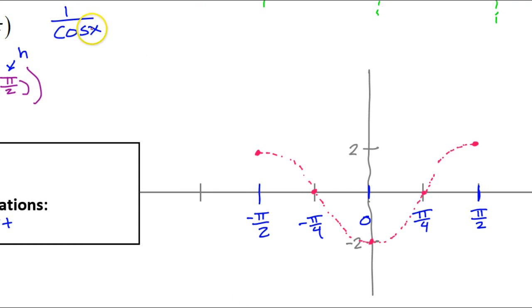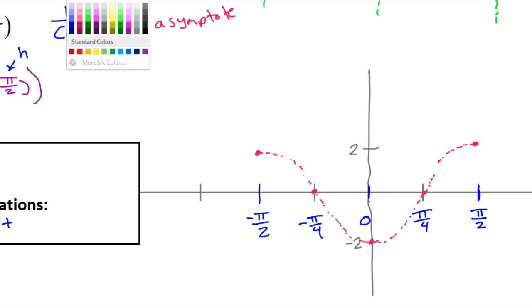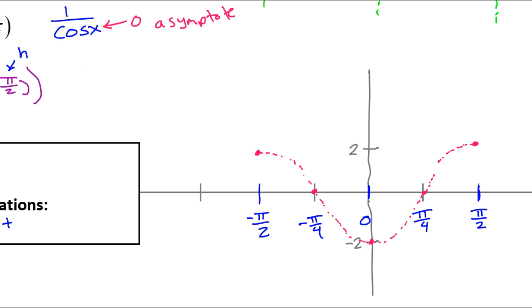Now, because secant is 1 over cosine, anywhere cosine is 0, it's going to be undefined. You can't divide by 0, so that's going to cause an asymptote. Anywhere cosine is 0. Well, cosine is going to be 0 at these x-intercepts.